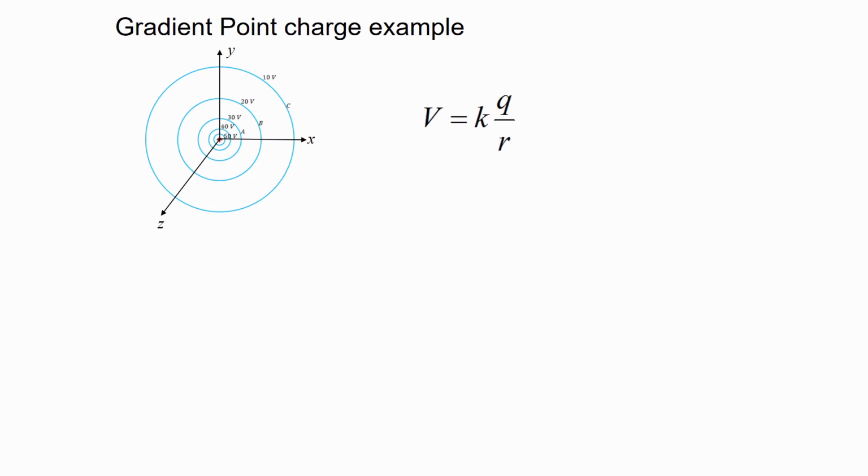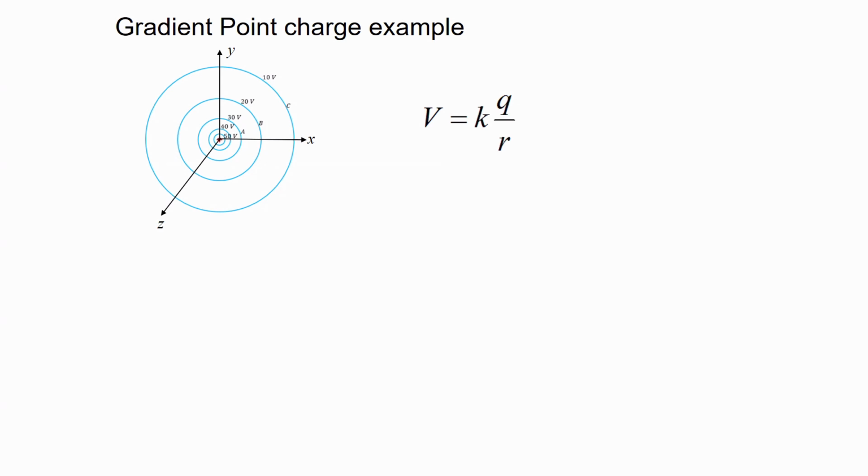You may be given some information, but from that you might be able to extract what is needed for your project. I think it's just important to see that the gradient represents the steepest descent in a potential, or potential scalar field.